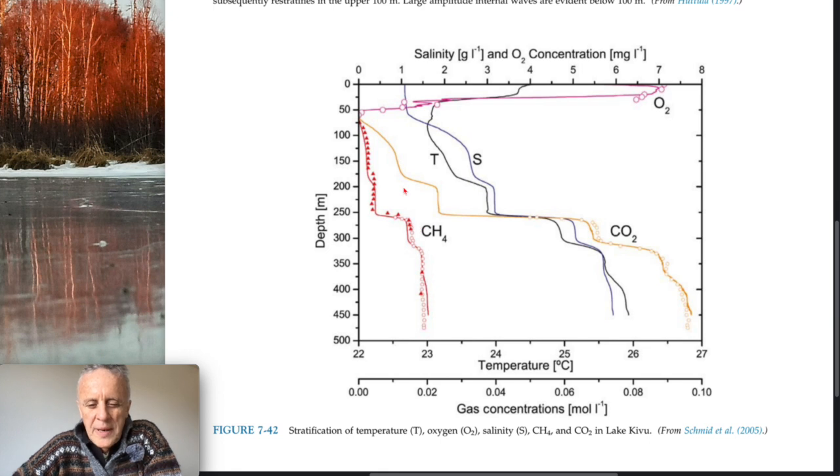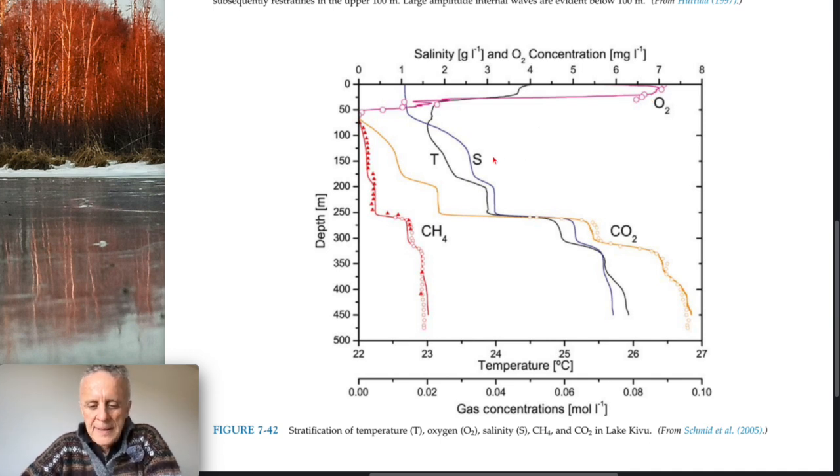So with increasing depth, we have increasing temperature as well as increasing concentration of methane, or of all the gases for that matter. The salinity increases from left to right, so these samples here are more saline than this sample here.